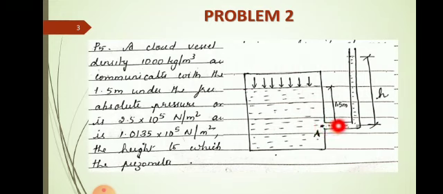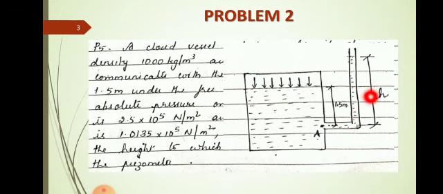So what is the use of a piezometric tube? In order to find out the pressure at that particular point where it is connected. So in this, the pressure at the point A, see the point A is marked here. Pressure at point A can be found out by connecting the piezometer directly to the point A. What will happen when it is connected to the point A? The liquid which is contained in the tank will enter into the piezometric tube and it will rise to a particular height.